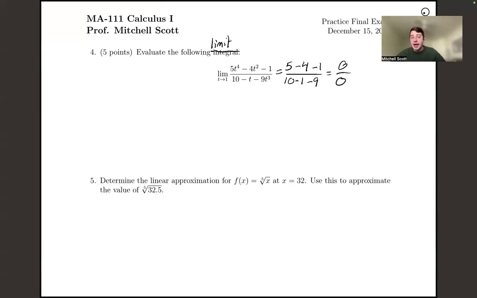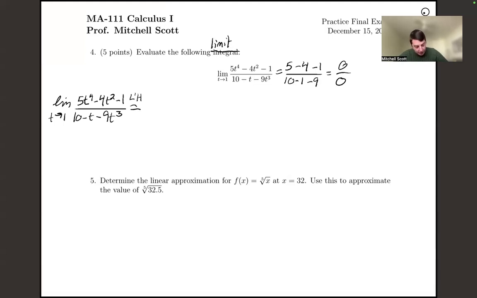So we do actually end up with a 0 over 0 situation. So we're going to have to do L'Hopital's here. What we're going to do is the limit as t goes to 1 of 5t to the fourth minus 4t squared minus 1 all over 10 minus t minus 9t cubed by L'Hopital.